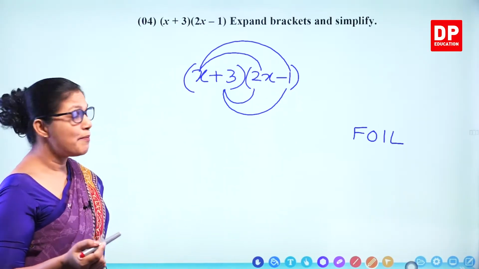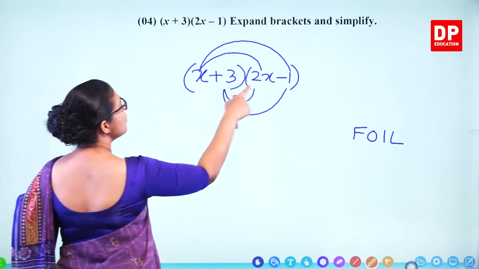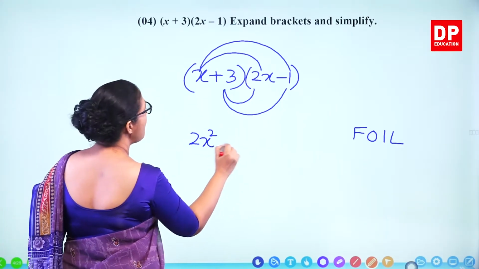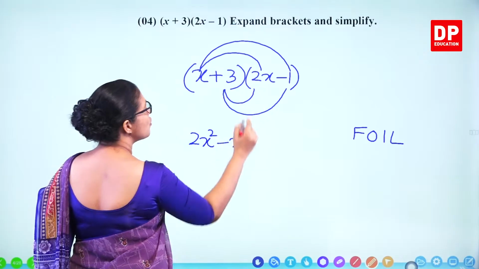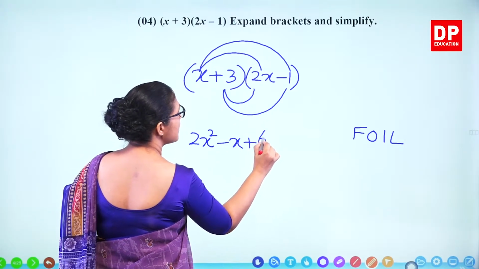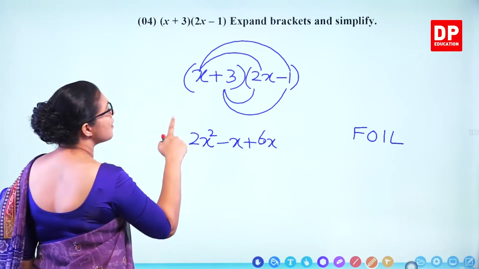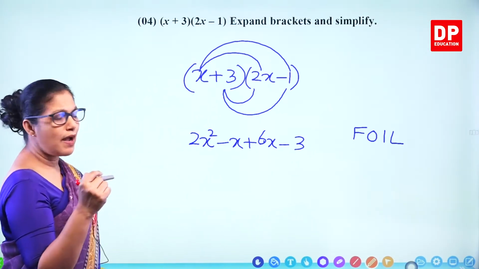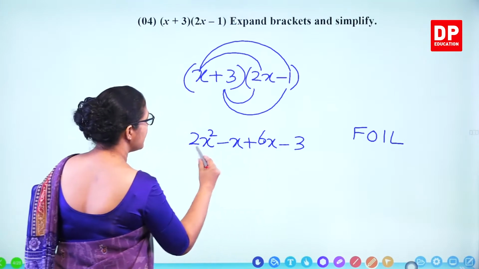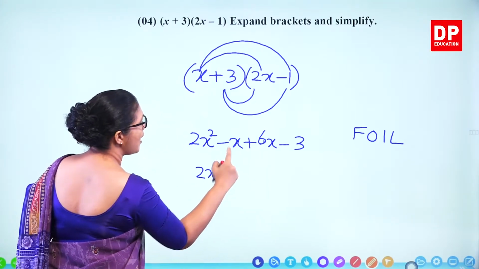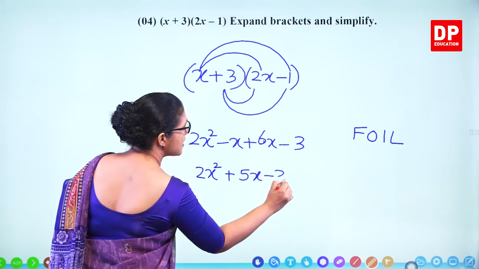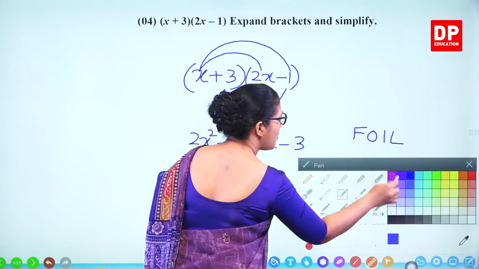Or we can say the rainbow method. x into 2x, 2x squared. x into minus 1, minus x. 3 into 2x, plus 6x. 3 into minus 1, minus 3. Now simplify. Like terms you can add. So 2x squared, minus x and 6x, you can write 5x, minus 3. So you get 2 marks for that.